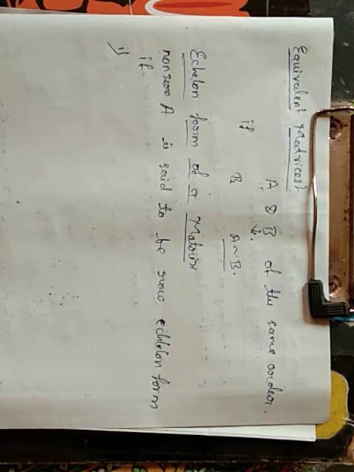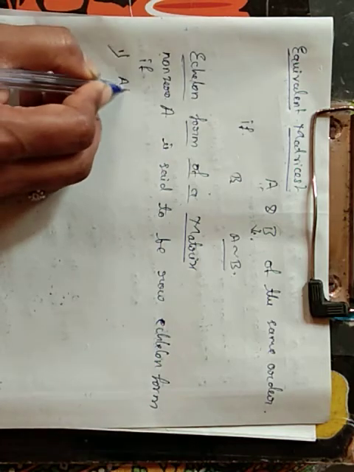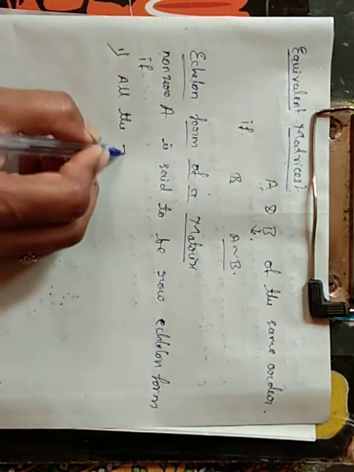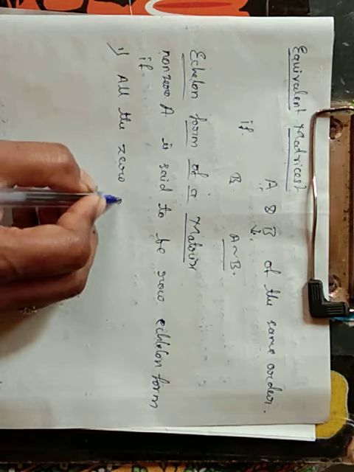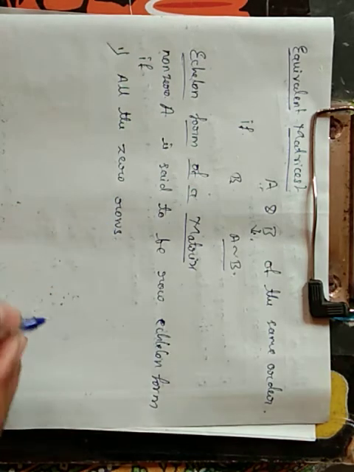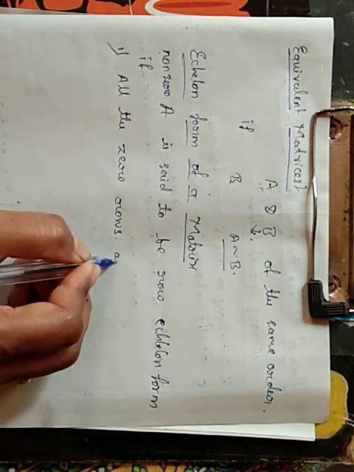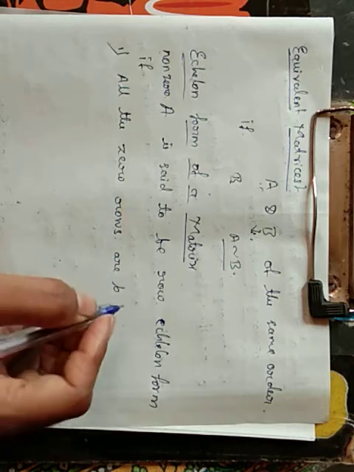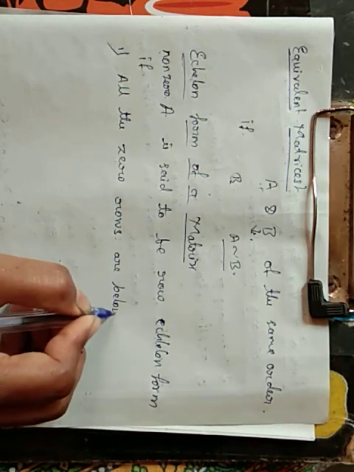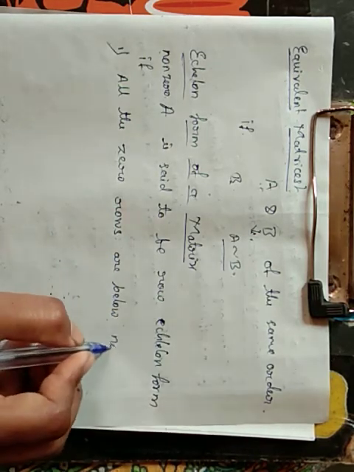So what are the conditions? The first condition is that all the zero rows are below non-zero rows.